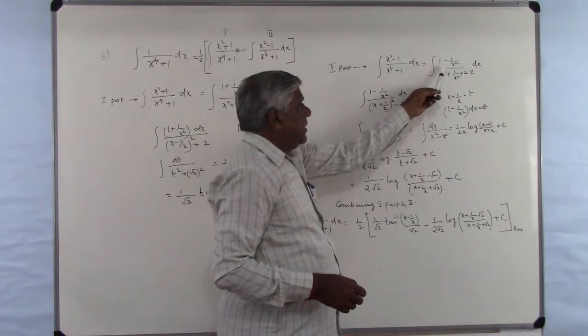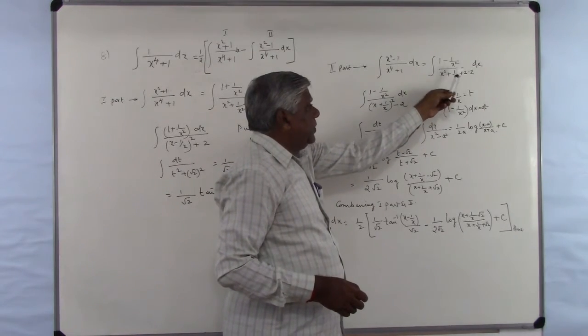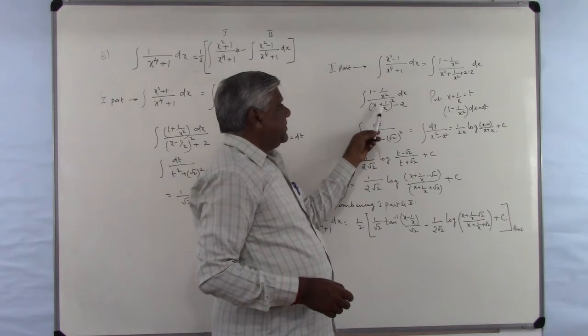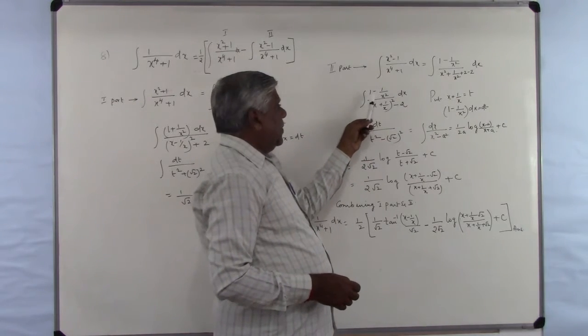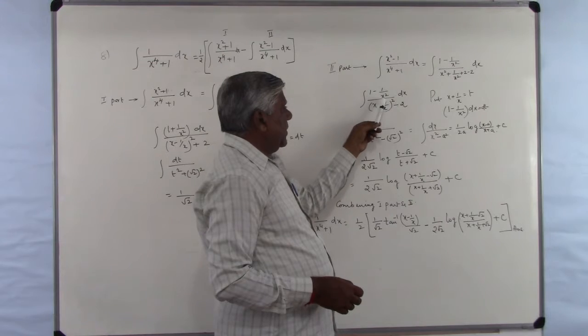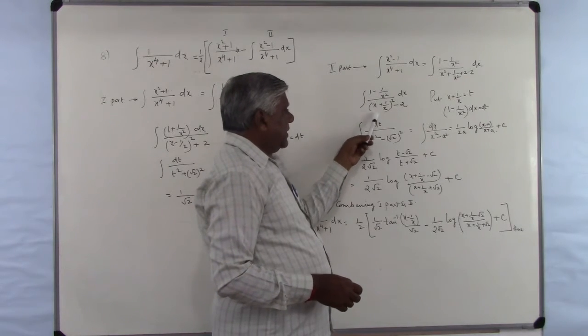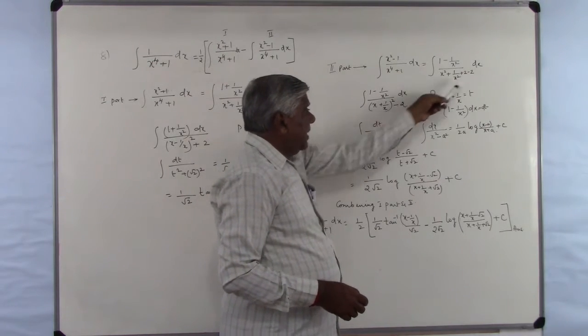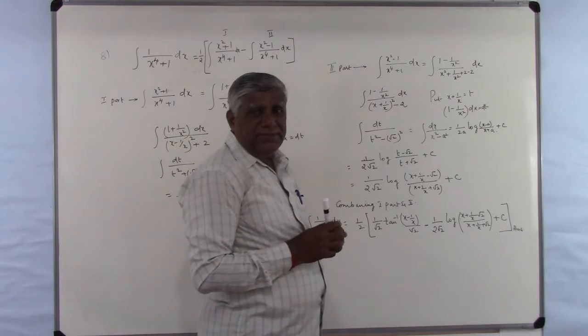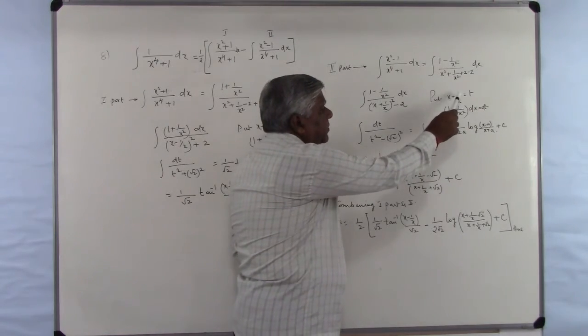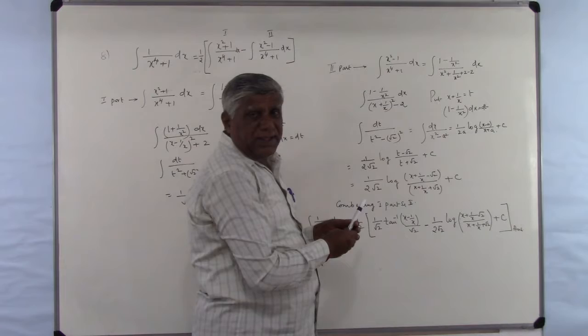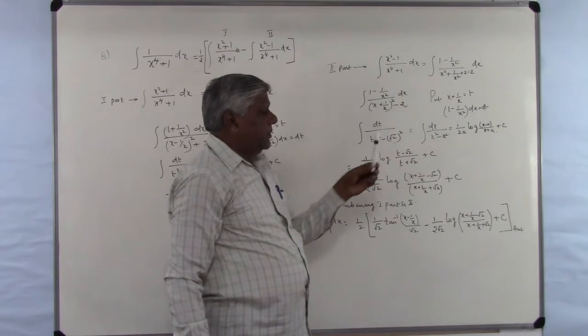You can see a square plus b square plus 2ab is nothing but a plus b whole square. So integral 1 minus 1 over x square divided by x plus 1 by x whole square minus 2, I have written here. Now put x plus 1 by x is equal to t.